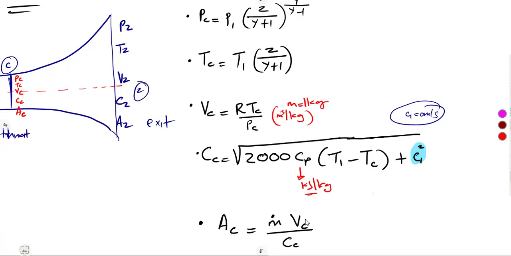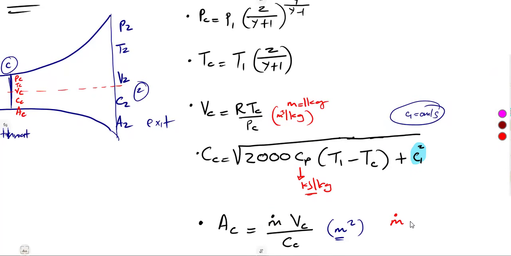Take note, this one is in cubic meters per kilogram, the velocity in meters per second. So the mass rate must be in kilograms per second so that it gets rid of this one, so that our area can be in square meters. Like I said, for calculation, your area will be in square meters, but conversions can be made.